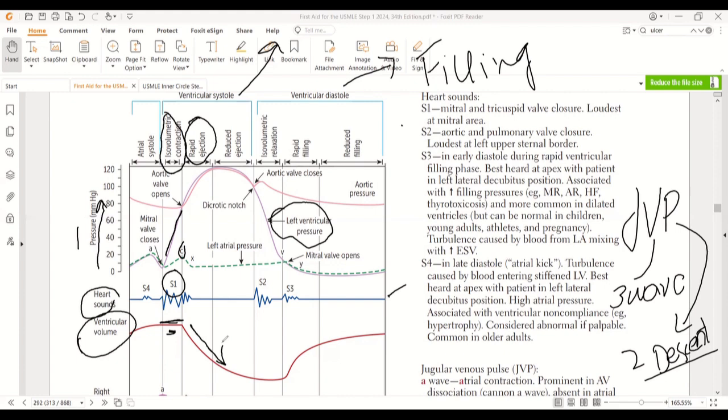Yes, because volume is ejected from the ventricle into the aorta. In isovolumetric contraction, the volume is a straight line, and in rapid ejection, the volume of the ventricle continuously decreases, right? Yes.